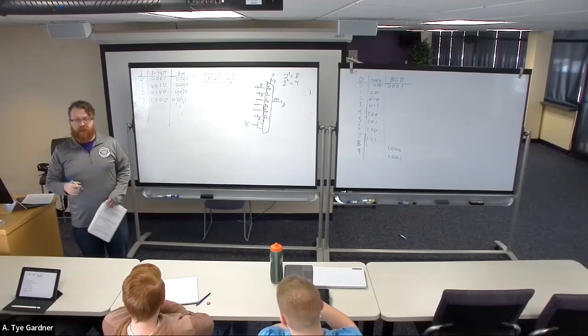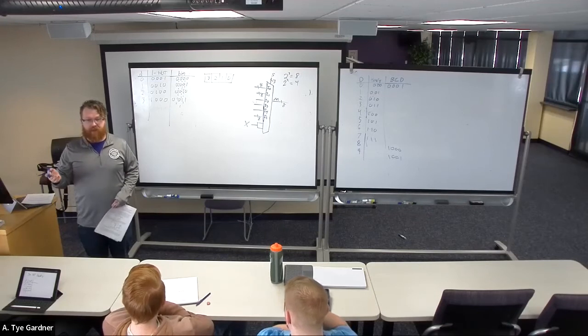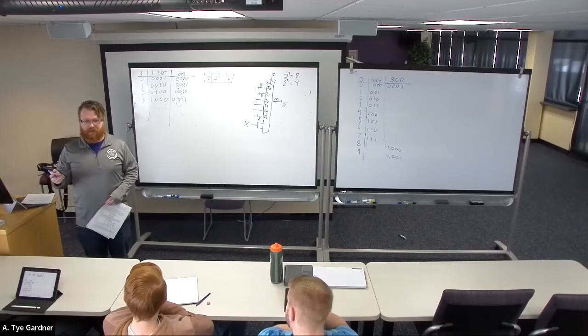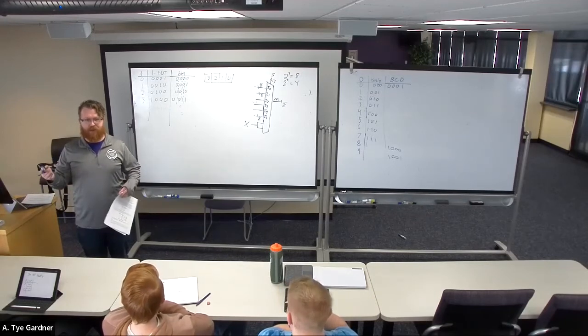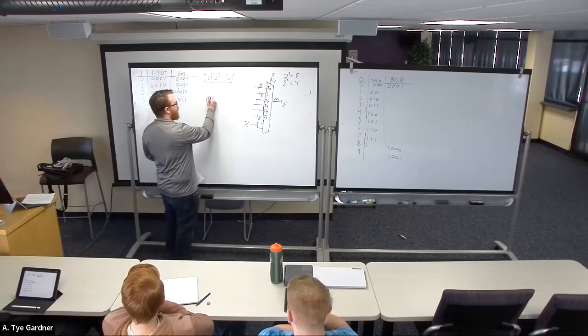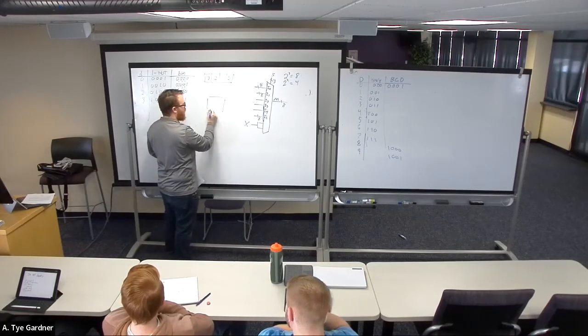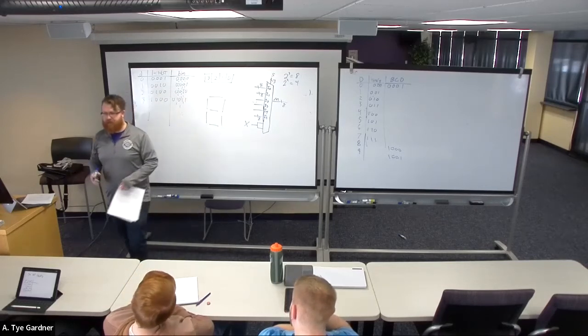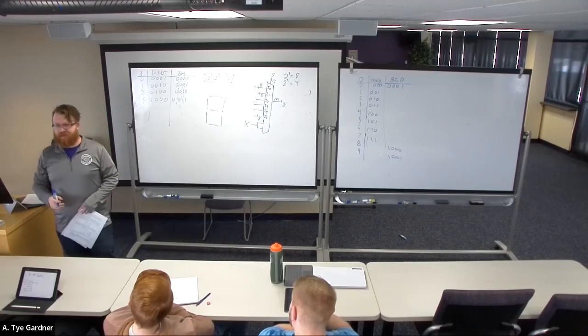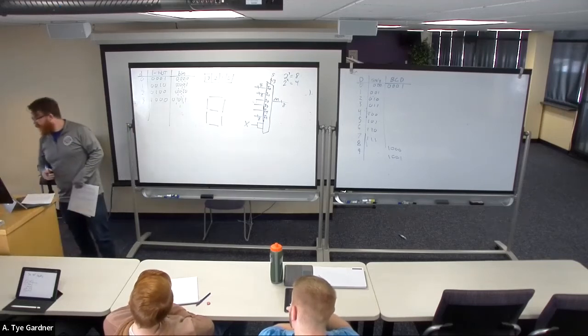We just convert it. You guys already dealt with a different kind of encoding, right? On the exam, I gave you the truth table to encode binary to 7-segment display. Right?